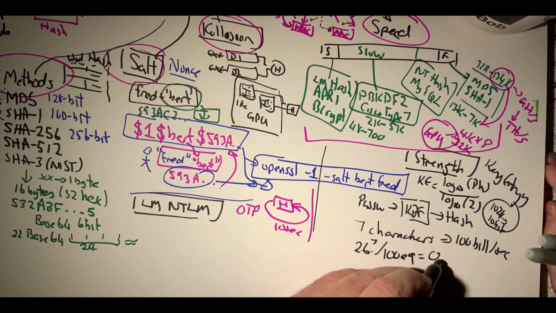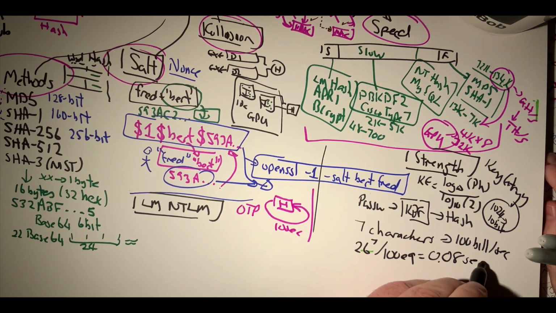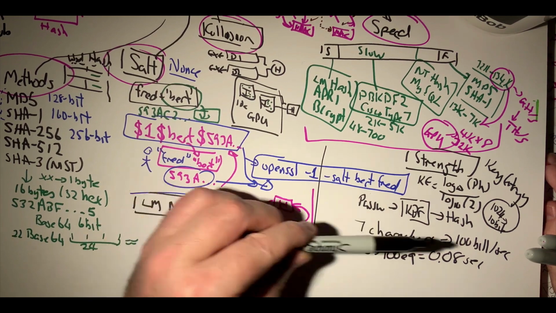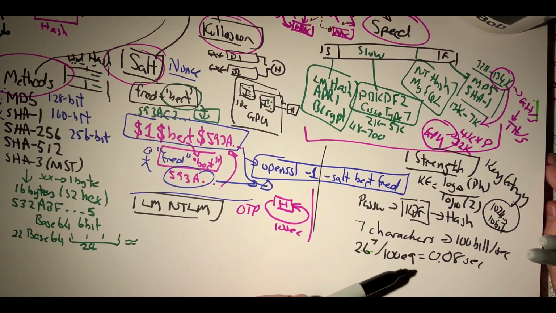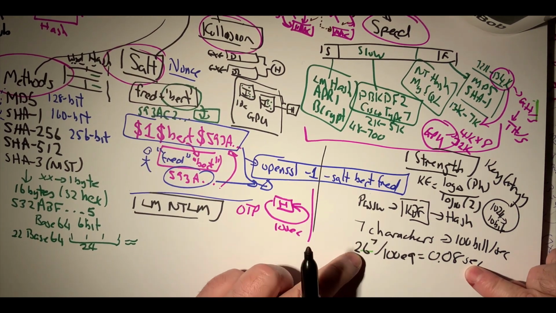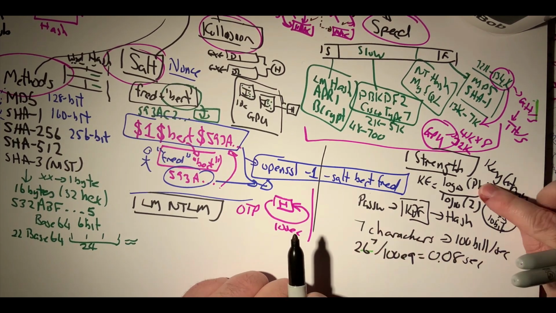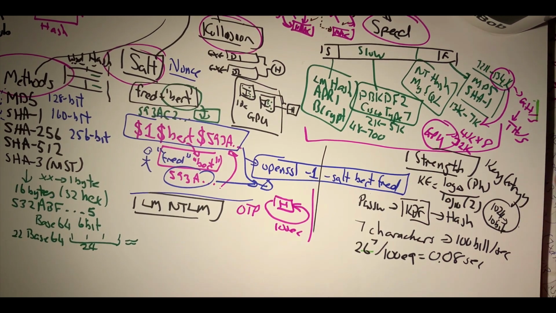And unbelievably, that comes out at 0.08 seconds to take all of the possible lowercase passwords and discover all of the hash values. We could work out the key entropy if we wanted, just by taking 26 to the power of 7 and working out what that key entropy is.